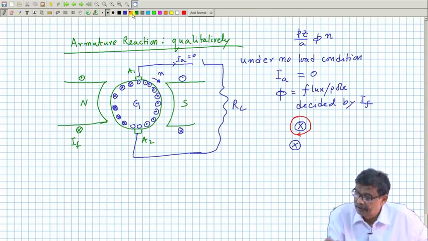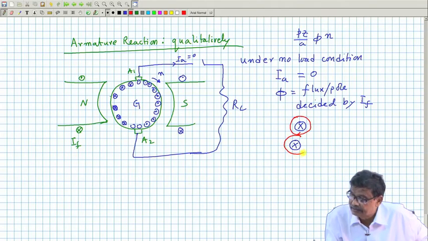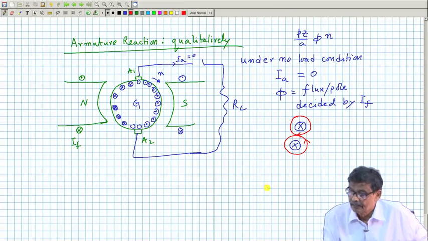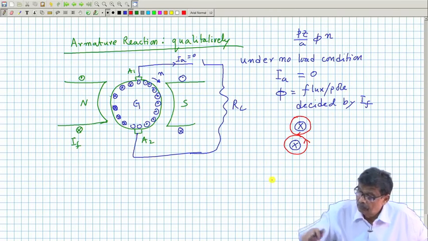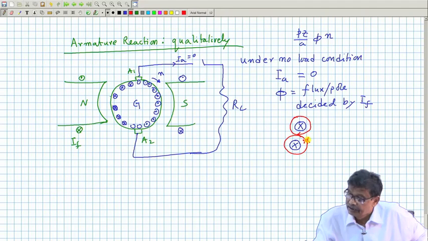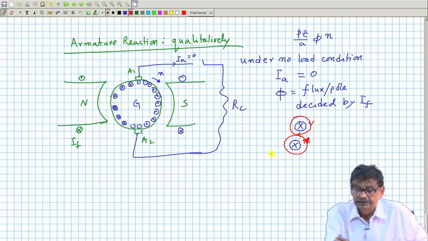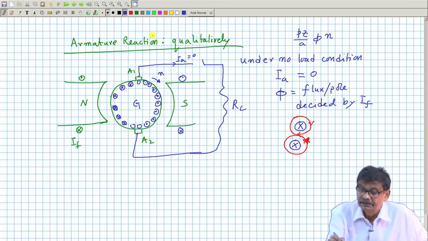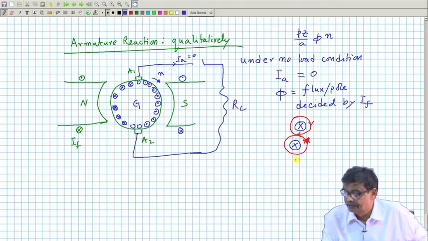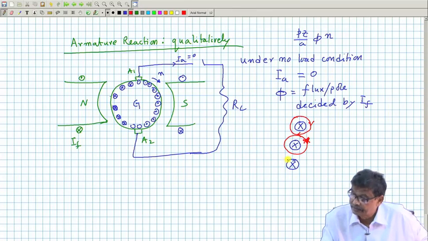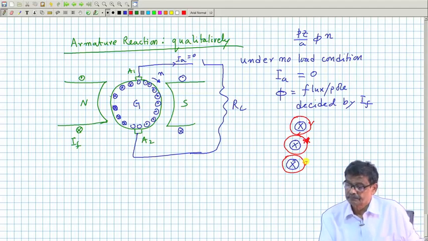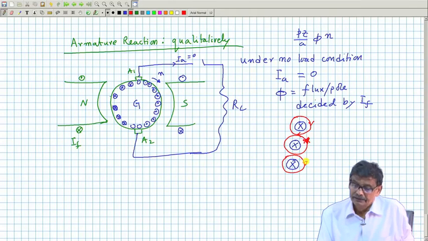It will produce its own magnetic field in the same direction, clockwise. Another third one, I am just drawing because it is a qualitative explanation. This is another conductor, cross, and it will produce its magnetic field like this. That is how it will produce.